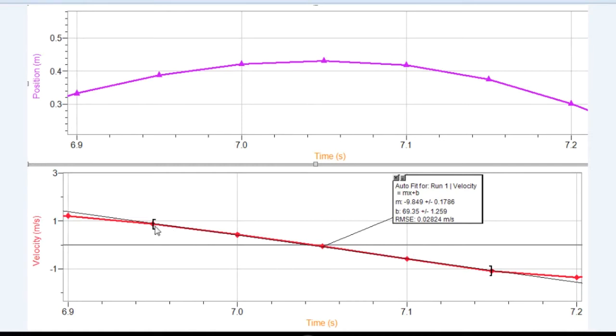It started at some positive velocity as it moved upward, and then as it neared the top, we can see the velocity decreased, got closer to zero, until at the very top of the parabola, the velocity is 0 meters per second. And then it starts to come back down, so now my velocity is in the negative region, and it is moving downward. That's what the negative sign indicates for a negative velocity, but the slope is still the same.